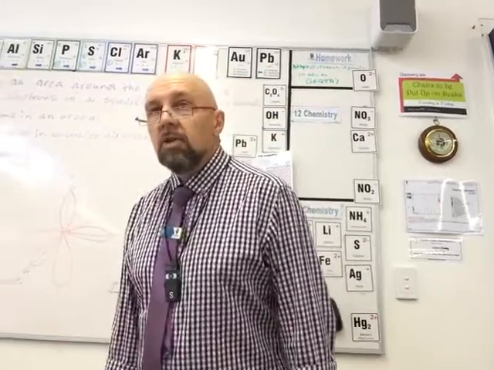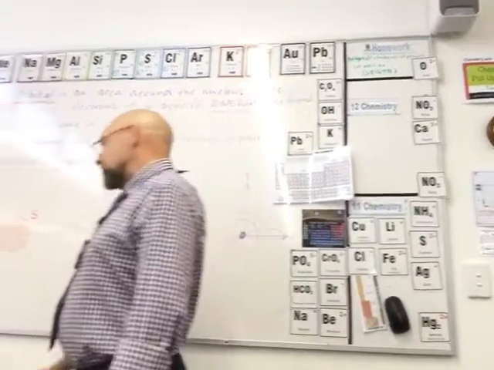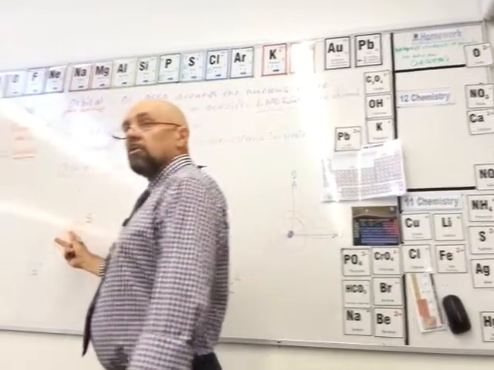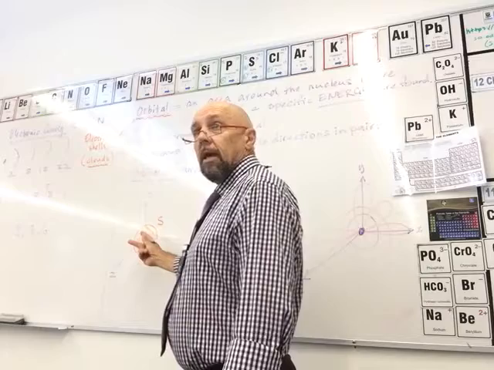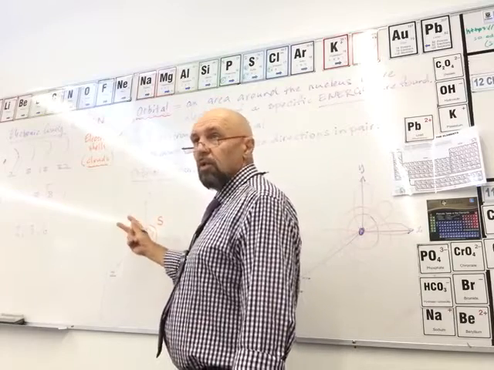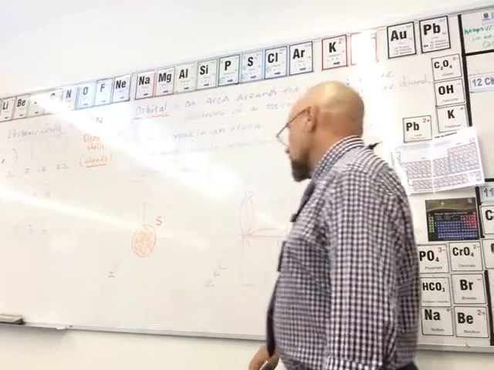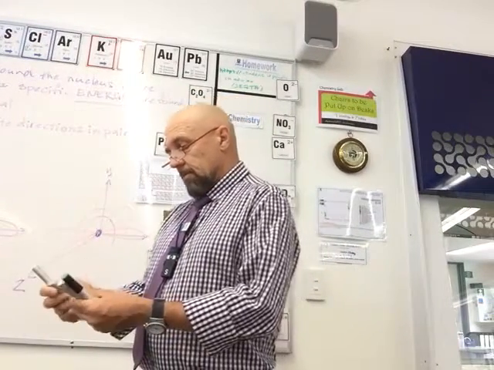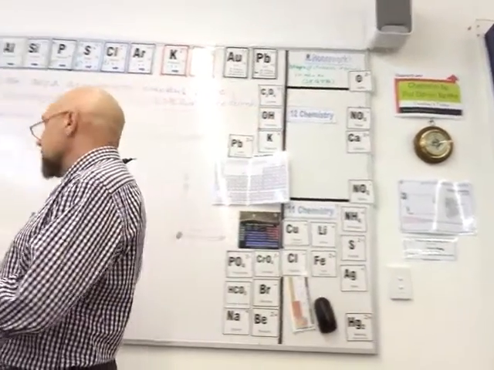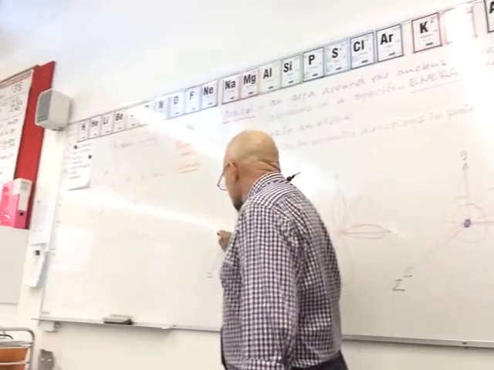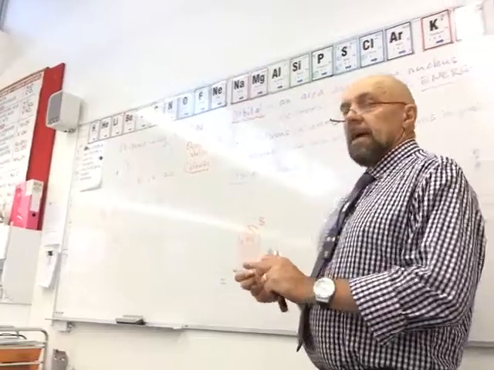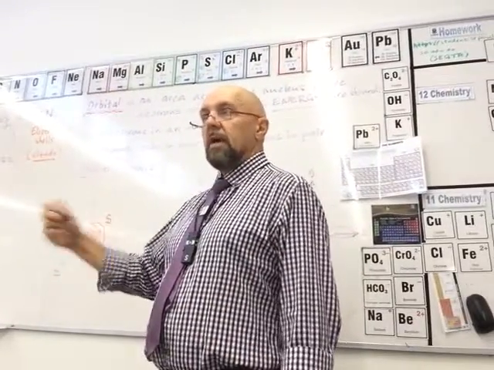So if I've got 1 electron, it's going to be in the s orbital. If I've got 2 electrons in any element, it's going to be in the s orbital. Okay, there is another s orbital called the 2s orbital that we'll talk about in a minute. So outside of that, the next energy up, which I haven't drawn, would be another s orbital. It's slightly larger than this one, and we call that the 2s.